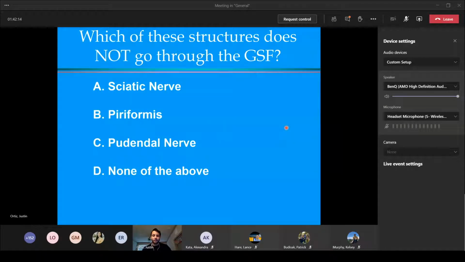Okay, so yes, it is going to be D, none of the above. Very good job. Sciatic nerve, piriformis, as well as pudendal nerve are all going to go through the greater sciatic foramen. But remember, the pudendal nerve comes back through the lesser sciatic foramen. So yes, really good job.